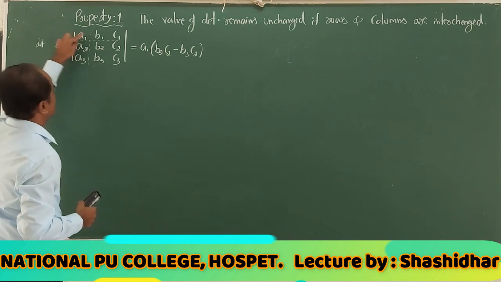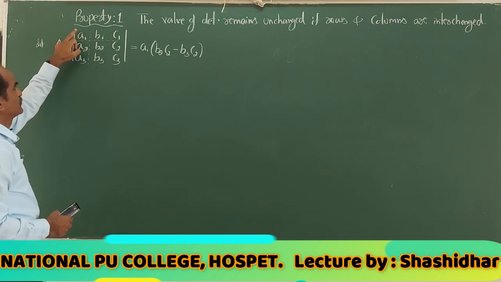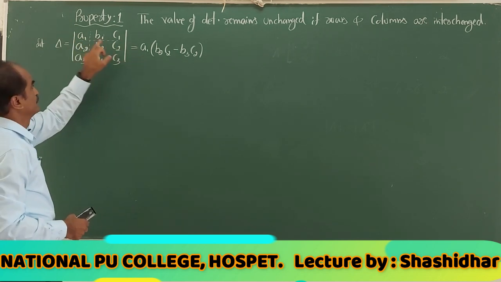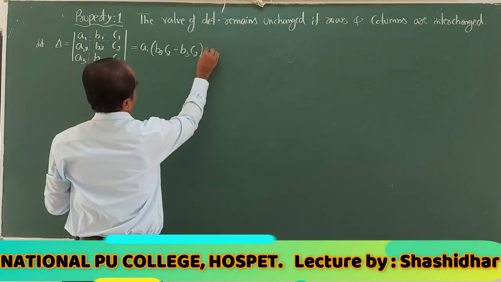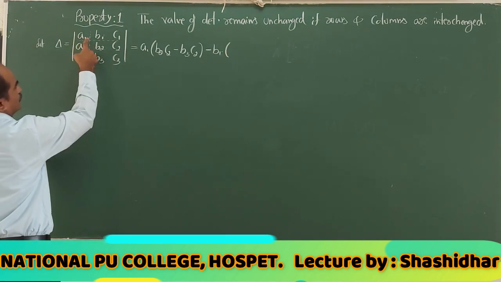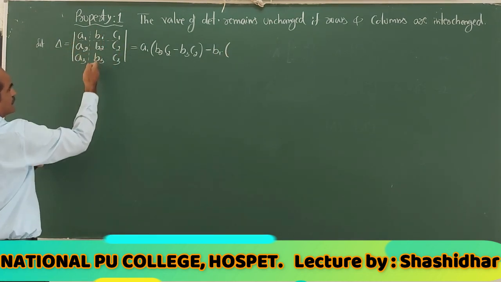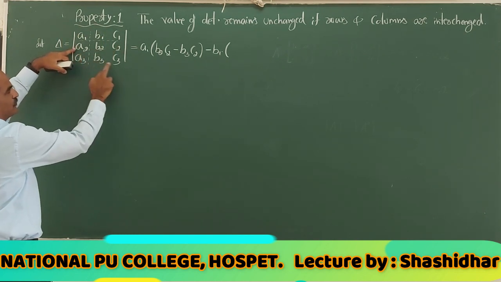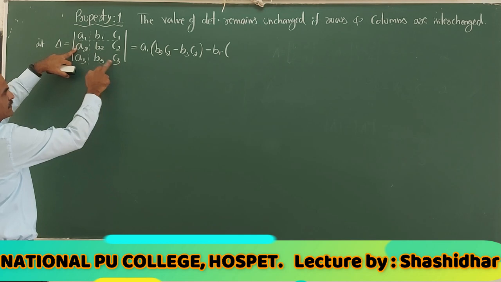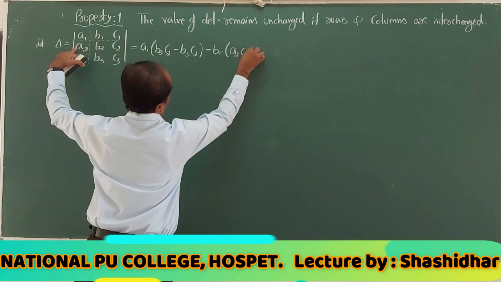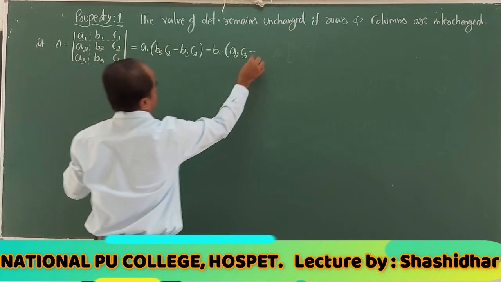Since I am expanding by the first row, signs I have to use are plus, minus, plus. A1 I have written, next minus B1 I have to write. Minus B1 into, now leave first row, second column: A2 C2, A3 C3. Principal diagonal elements, A2 C3 minus A3 C2.